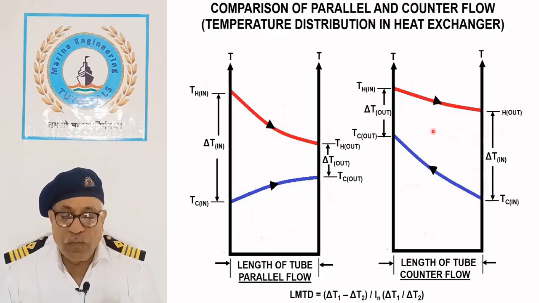Delta T2 is the smaller temperature difference between the two fluids, either at inlet or outlet.